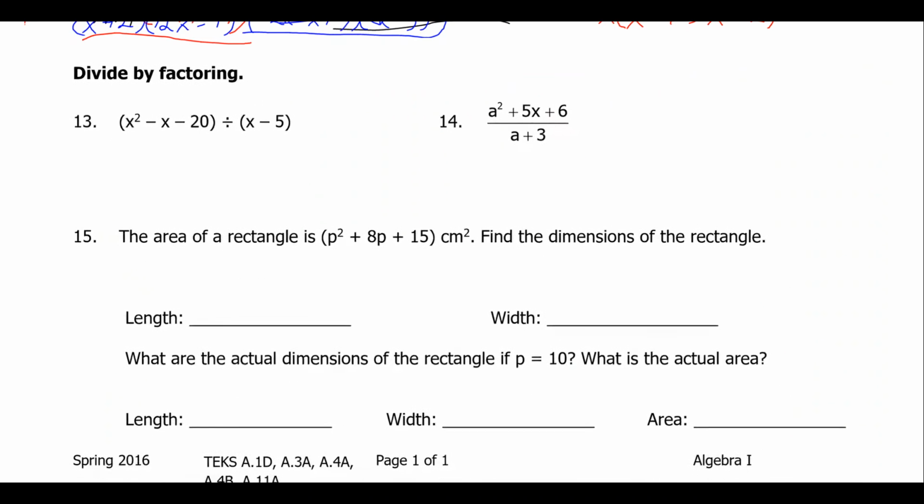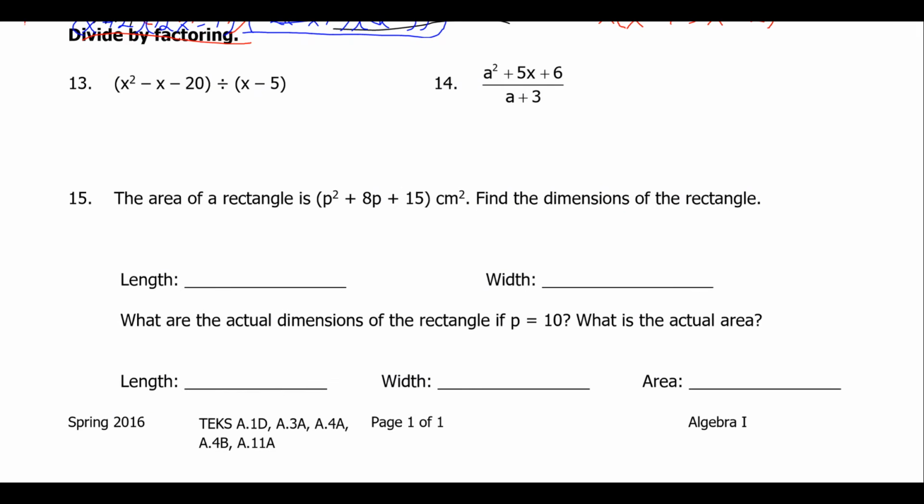Okay, number 13. Alright, let's see. Now, what do I see? I see that we are dividing x squared minus x minus 20 by x minus 5. There's a couple of shortcuts. I'm going to show you one the long way and show you one with the shortcut.